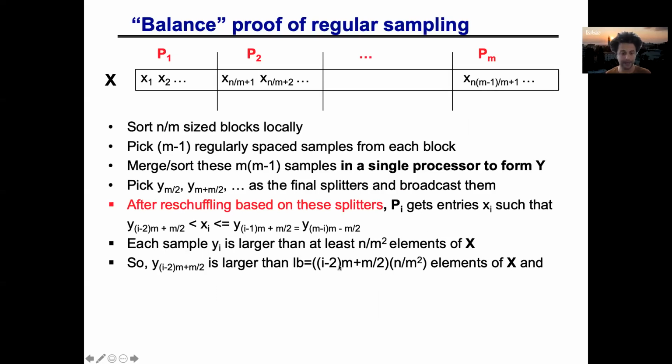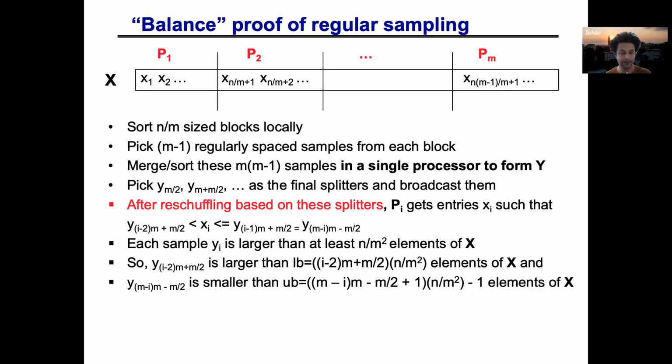I do the same argument for the upper bound: how many elements is each element x_i assigned to processor i smaller than? The same formula, (m minus 1) minus m over 2, multiplied by n over m squared, is the upper bound.